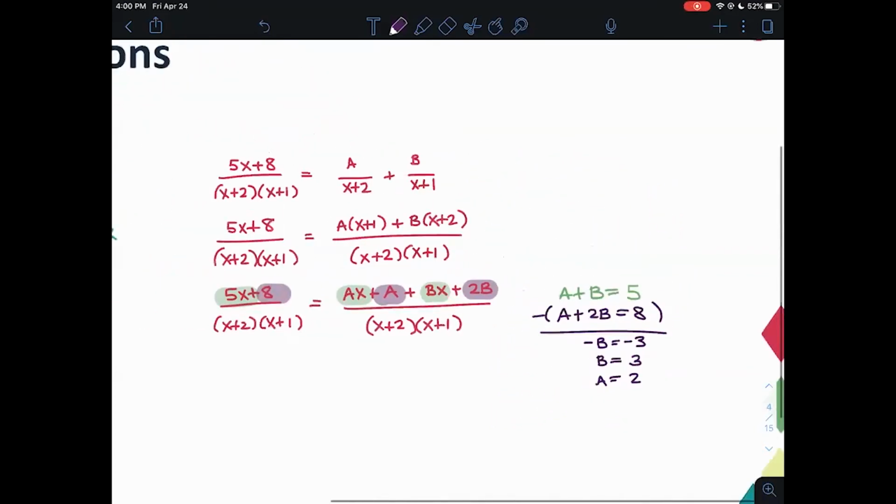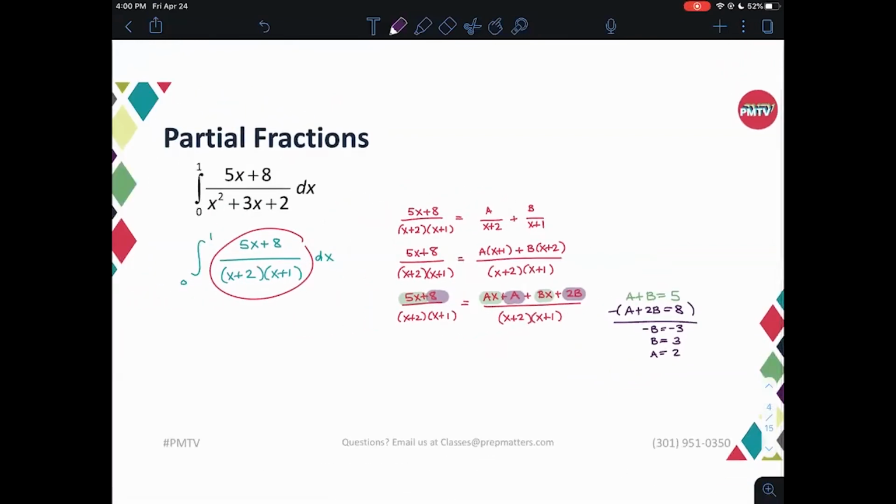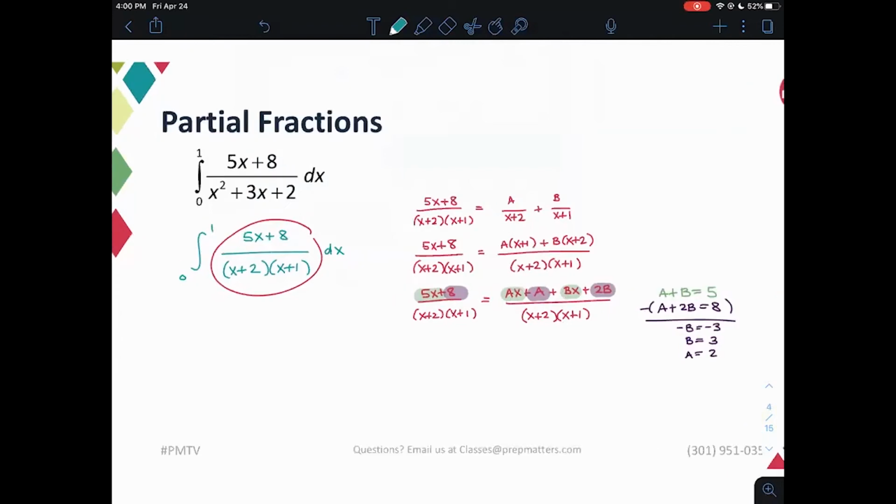So now I've figured out, just zoom out and let you focus on all of that for a minute. Now I figured out what my a and my b are. So I can rewrite my integral. Now I'm going all the way back to here.